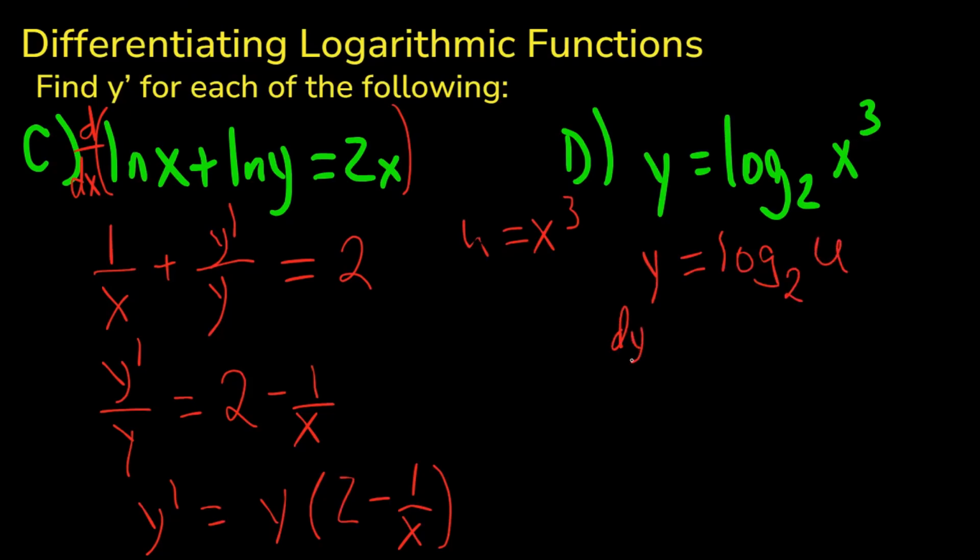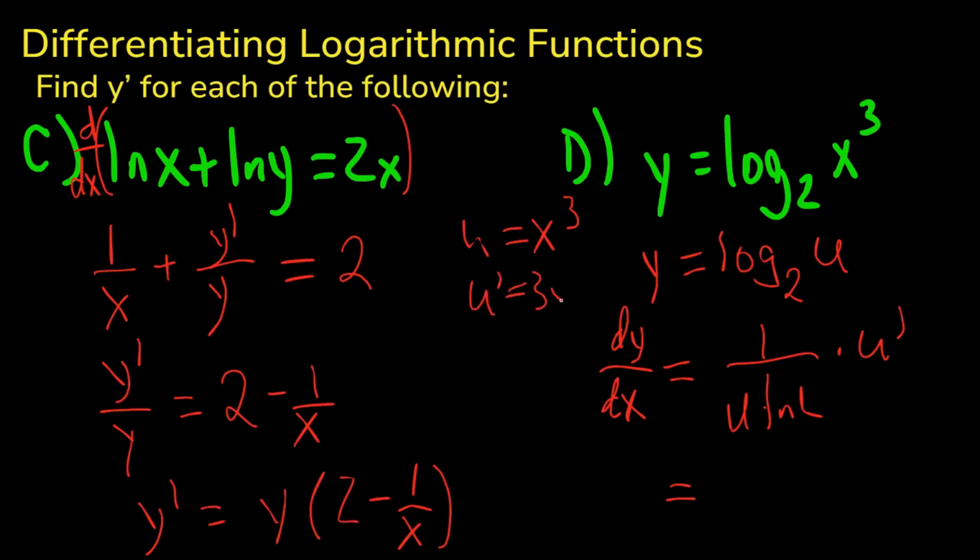So dy dx is 1 over u natural log 2 times u prime. And then if u is x cubed, u prime is 3x squared. And we could back substitute everything, 3x squared over x cubed natural log 2. And then you could reduce the x's and get 3 over x natural log 2.